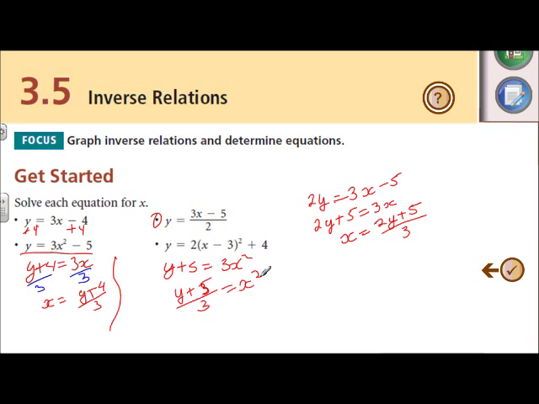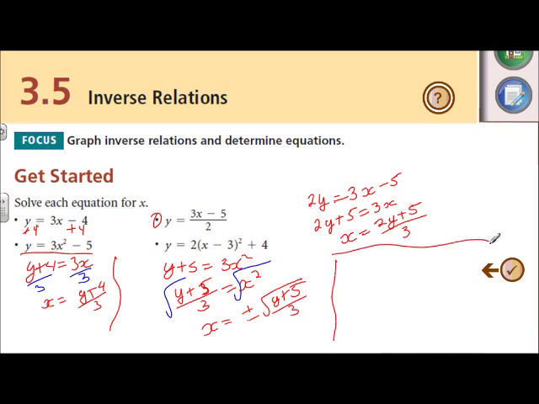And doing the opposite, the opposite of squaring is square rooting, so we square root both sides. And we have to always remember, if you take the square root, we need to put plus and minus. So x is equal to plus or minus the square root of (y plus 5) over 3, and all of that's underneath the square root sign.